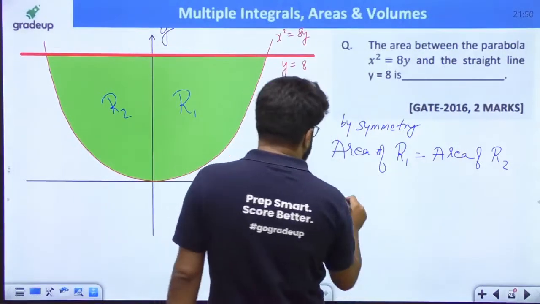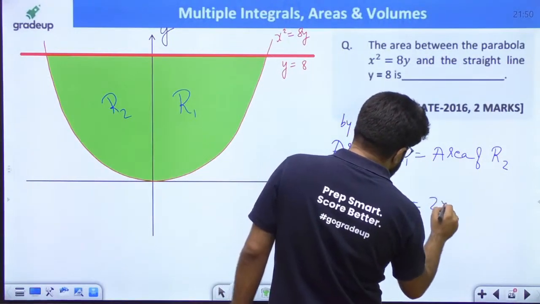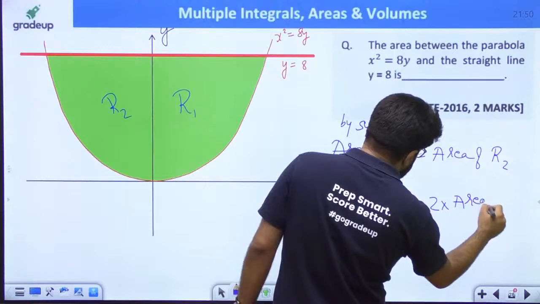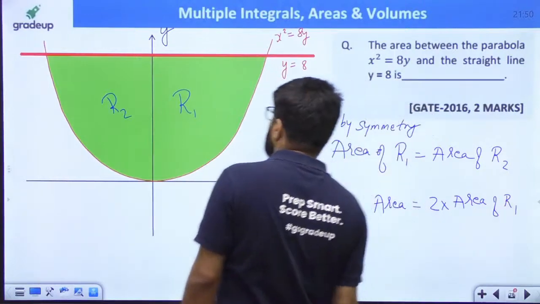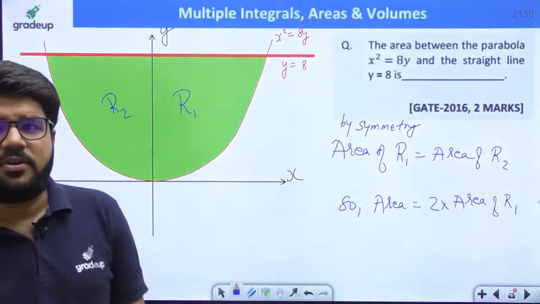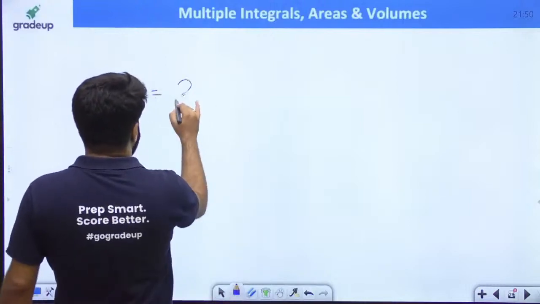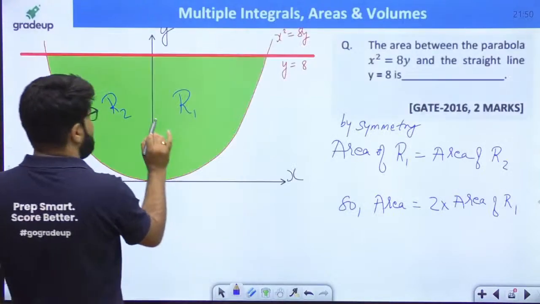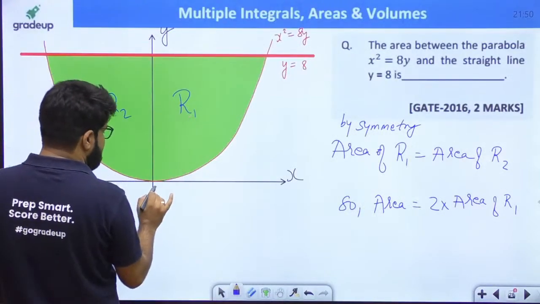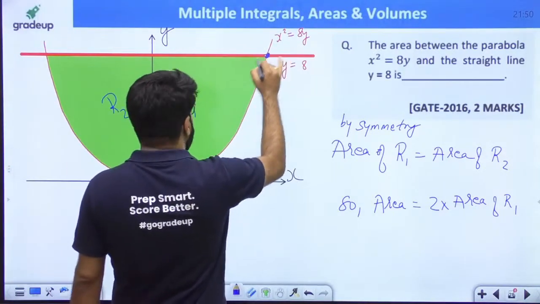So the total area can be written as simply twice the area of R1, because the areas of regions 1 and 2 are identical. So the area will be twice the area of region number 1. So integral x equal to 0, 0. Now what is this point corresponding to?